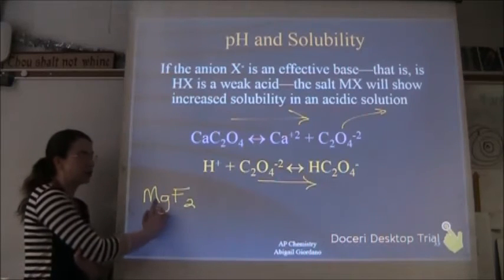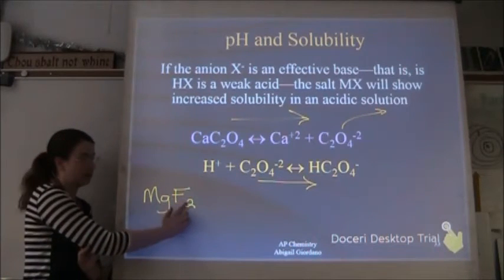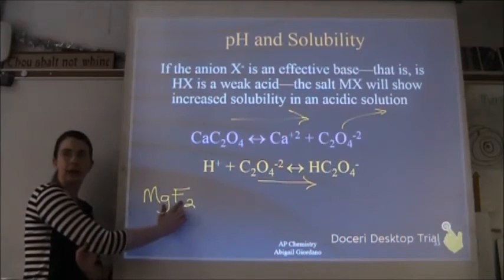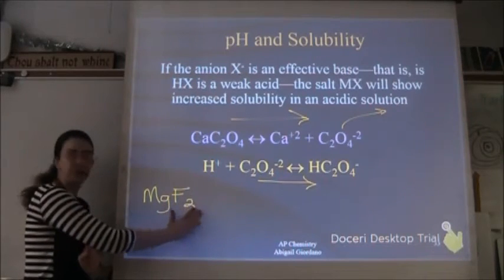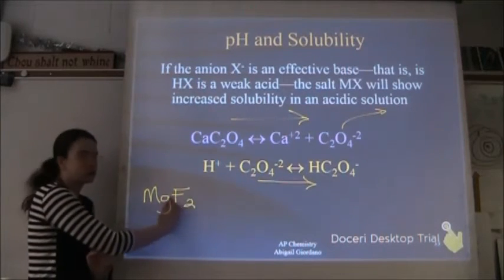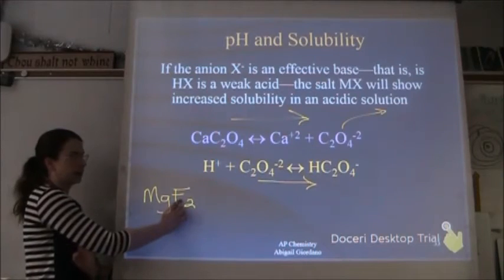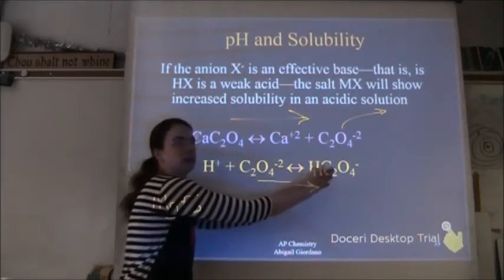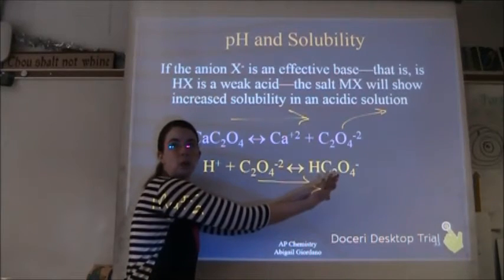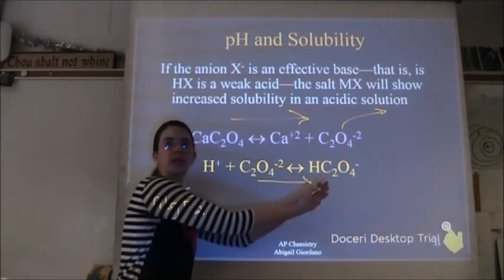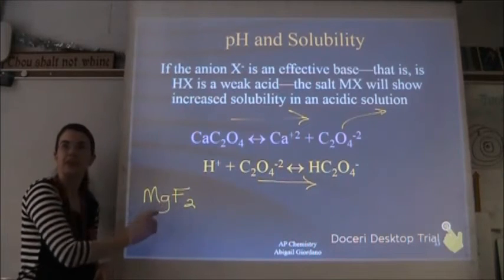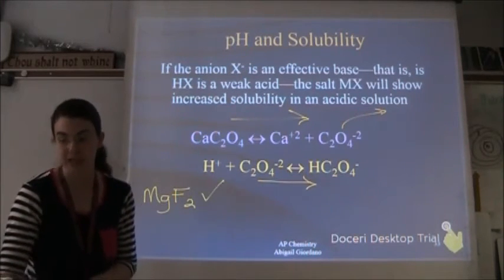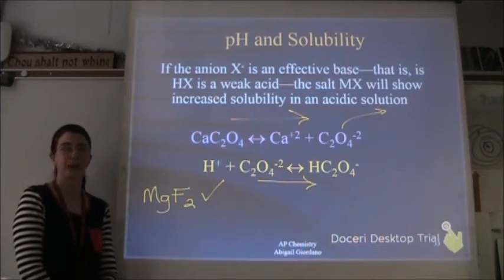Which part of the salt should you be focusing on? Forget about the two, ignore it. This is just a fluoride ion. H plus and a fluoride ion, do they go together well? Why? It forms a weak acid. So guess what? This salt is affected by the pH of its environment.